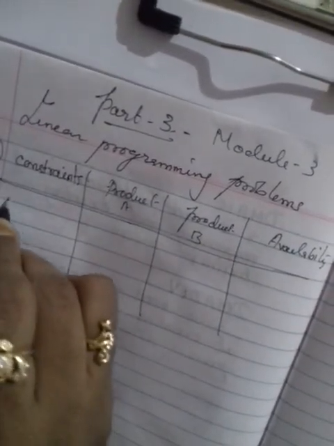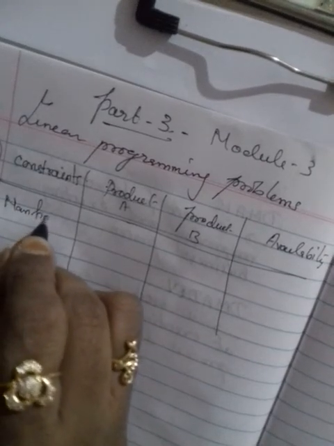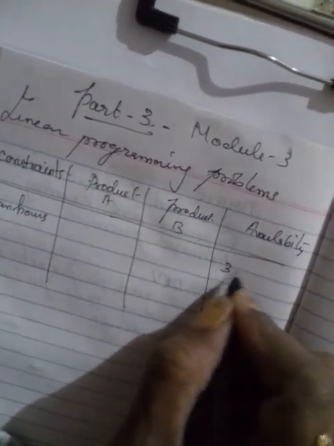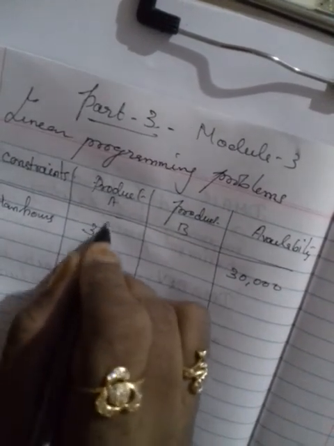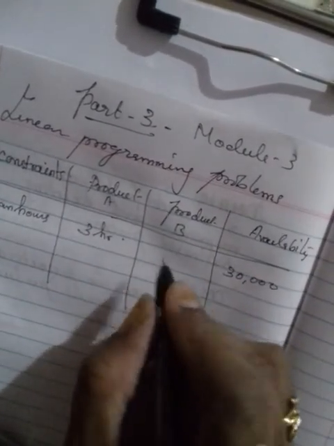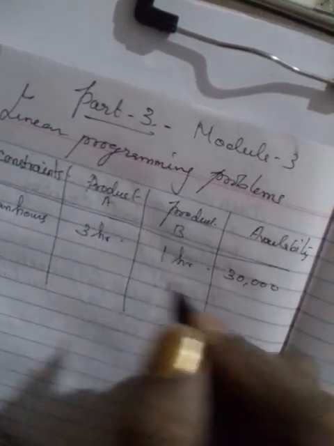According to this problem, the available man hours is 30,000 hours, and they said 3 hours to make product A and 1 hour for product B.